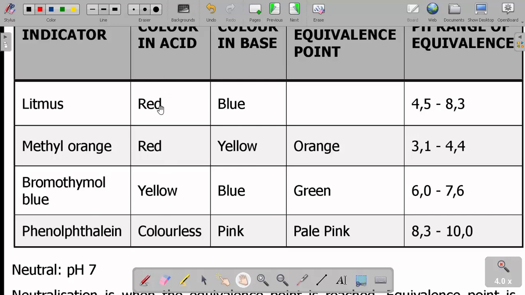So it is colorless or clear in acid, but in the base it is pink, and then at equivalence point it appears pale pink. And then the pH range is from 8,3 to 10,0. And then the neutral pH is 7.